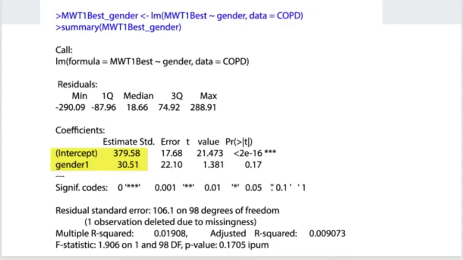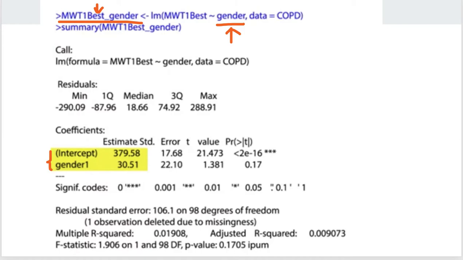And then here is an example of running the linear regression model with the categorical variable. The outcome, or the dependent variable, is the walking distance, and the independent variable is the gender. When you run the summary of the model, this is the outcome of the coefficients.